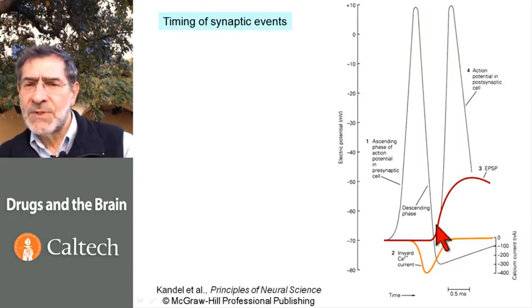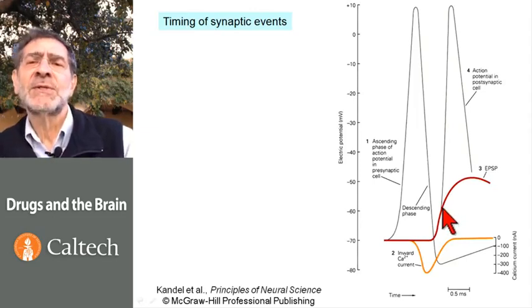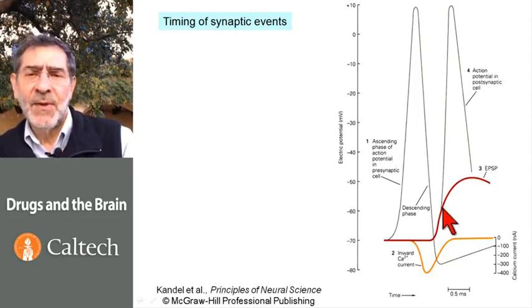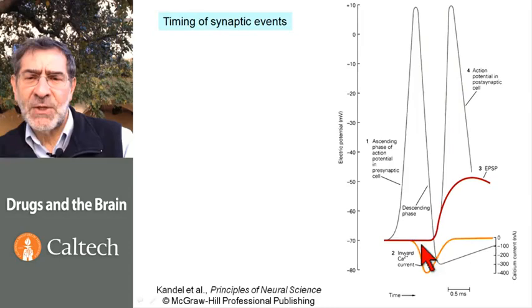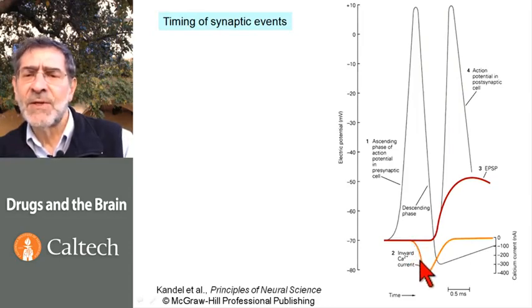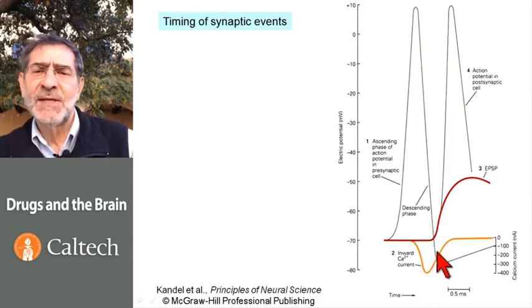If we did not have a postsynaptic spike, we would have the excitatory postsynaptic potential, which would reach threshold for a postsynaptic impulse and fire a spike. Back in the presynaptic terminals, we have the inward calcium current, which is very much responsible for transmitter release.